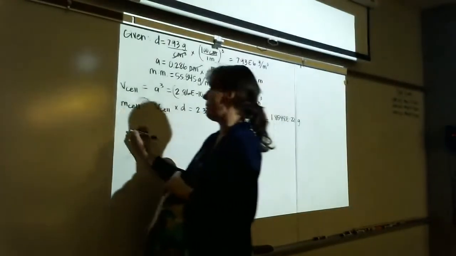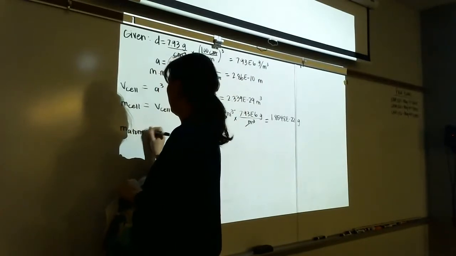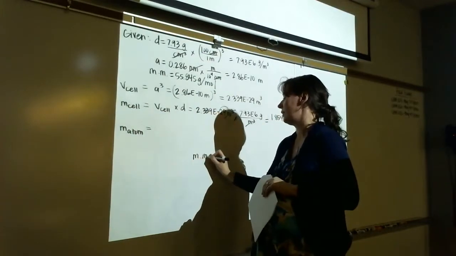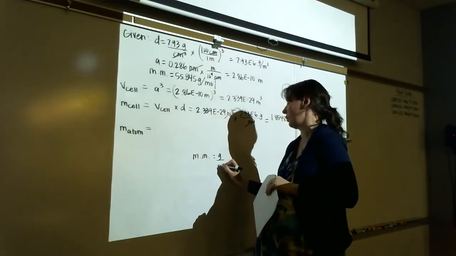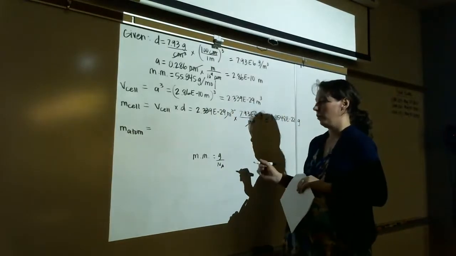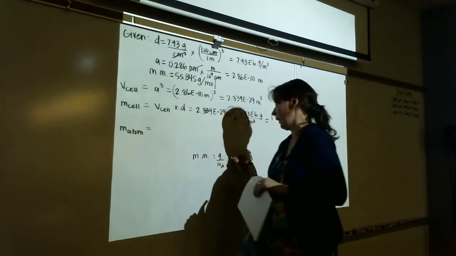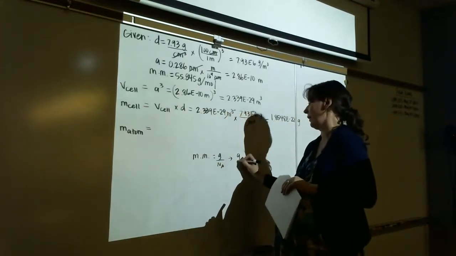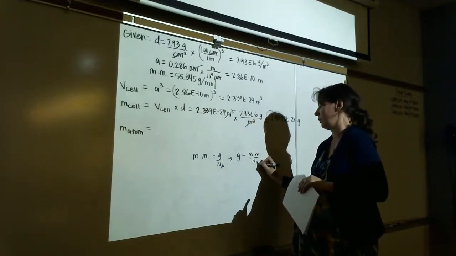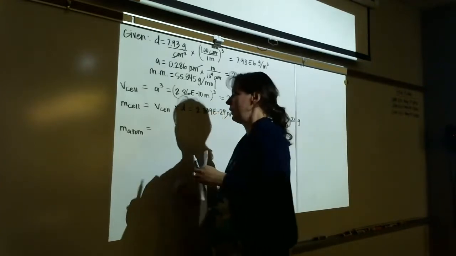And then how would I get the mass of an individual atom? Remember, if molar mass is grams over Avogadro's number, then how can I rearrange this? I can say, therefore, grams is equal to molar mass over Avogadro's number, right? That's what I'm going to do.